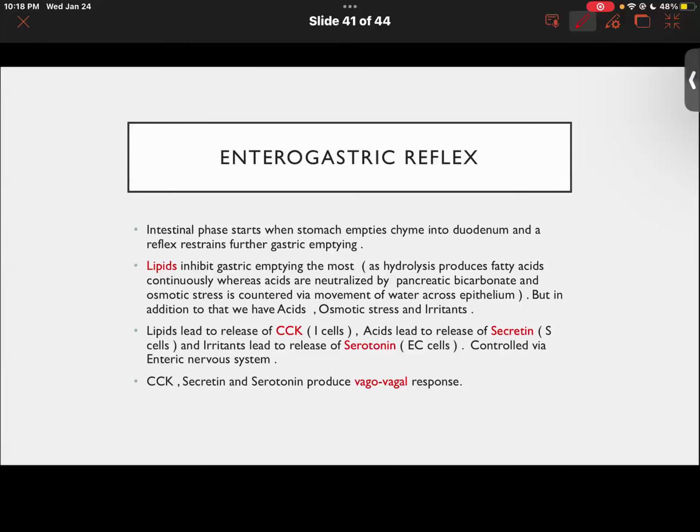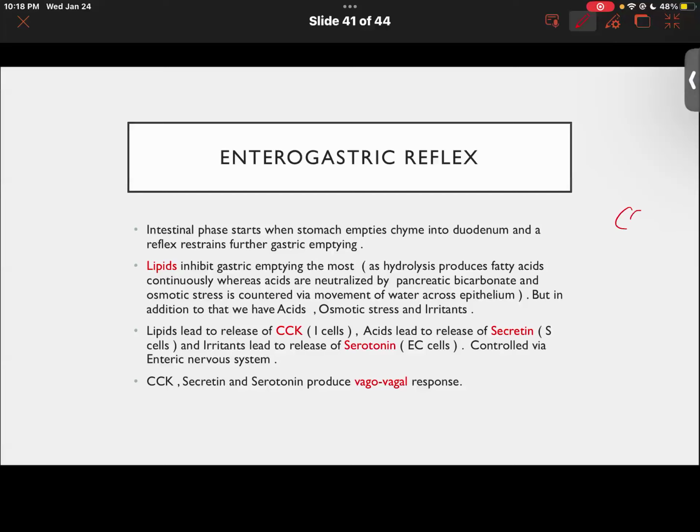Enterogastric reflex is basically an intestinal reflex. So remember, we have the gastric emptying intestinal phase, which is the phase where the intestinal mechanoreceptors stop the gastric emptying because there's no more food left. The intestinal phase starts when the stomach empties the chyme into the duodenum, and a reflex limits further gastric emptying via the mechanoreceptors. Now, besides the mechanoreceptors, we also have three other things.